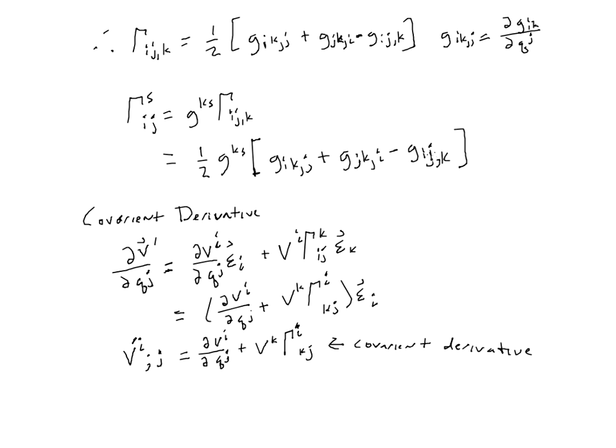And what happens is the partial derivative is the covariant derivative, and it's the same thing. And so we would write that in Cartesian as partial v prime i over partial q j is equal to v i prime comma j, which is equal to v i semicolon j.